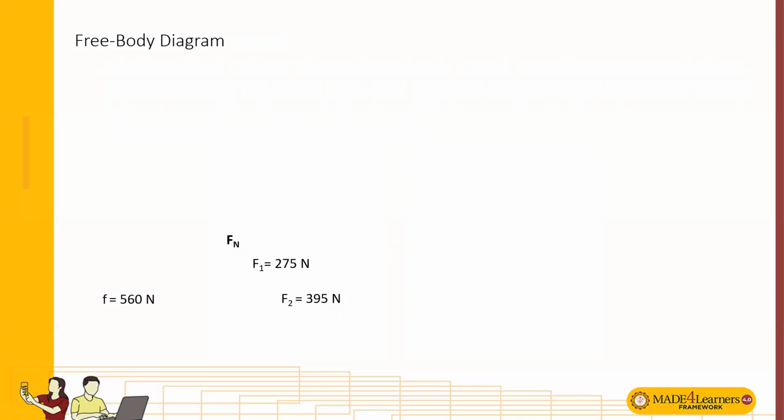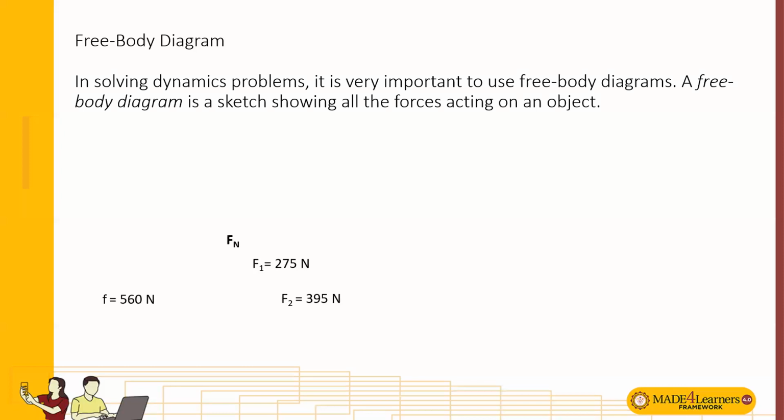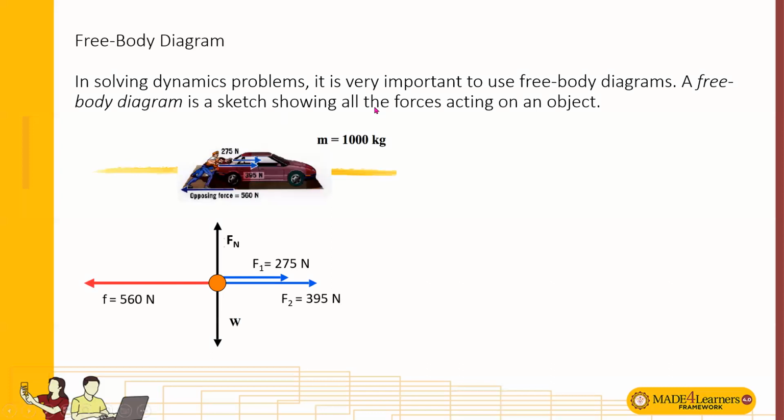We do not draw the objects, just the position of the object and the arrows representing the forces that are acting on the object. So it's very important to use what we call FBD, free body diagrams, sketching all the forces acting on an object.